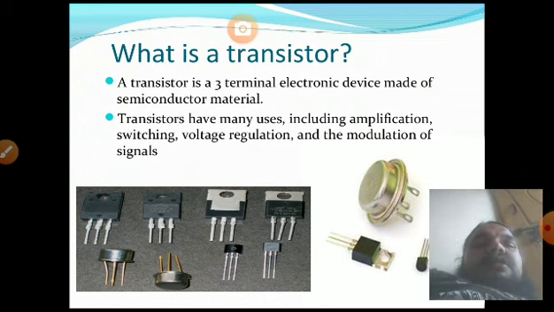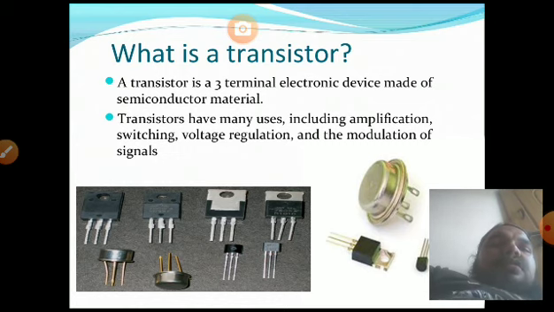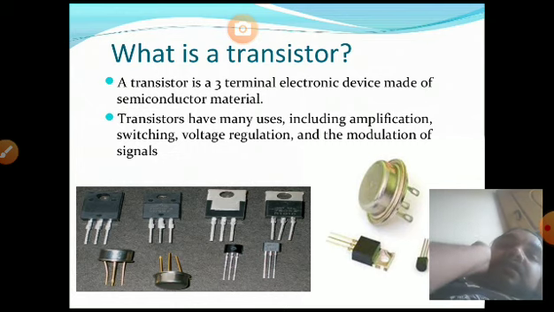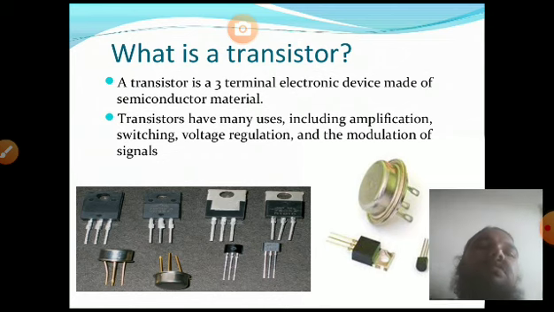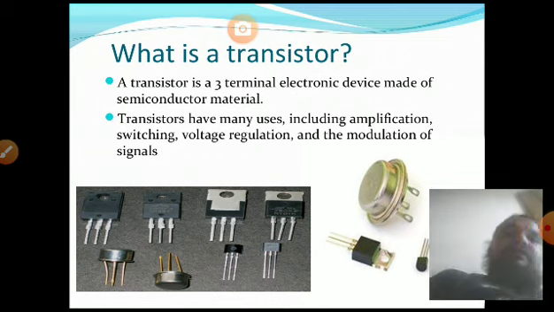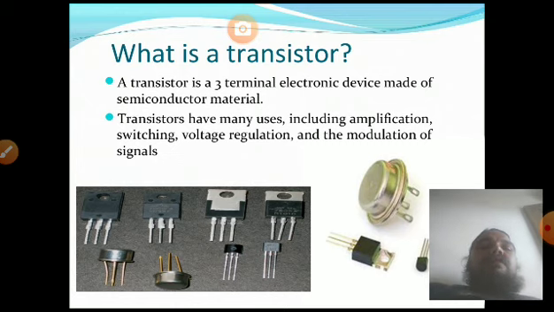Transistors have many uses, including amplification, switching, voltage regulation, and the modulation of signals.